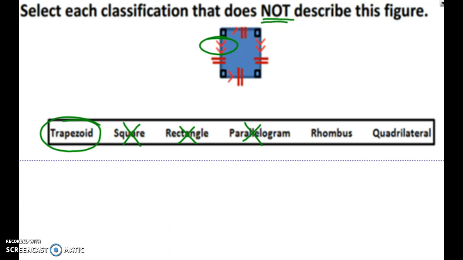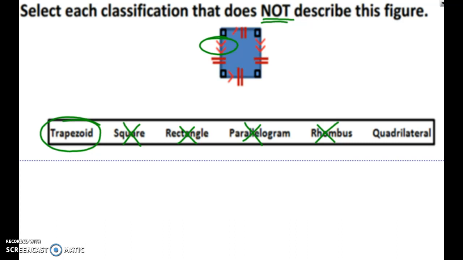Does it have two sets of parallel sides? Yes. Does it have opposite sides that are equal? Yes. Does it have four congruent sides? Yes. Does it have opposite angles that are equal? Yes. So it is a rhombus.